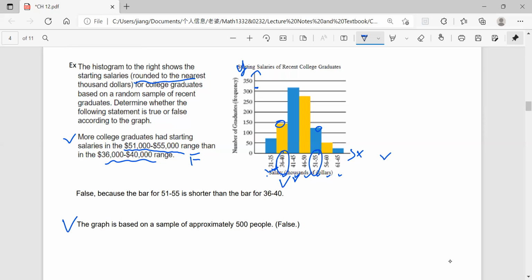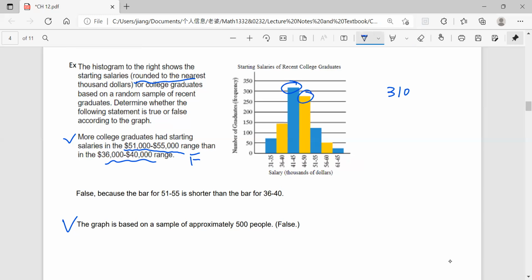And next one, another statement. The graph is based on a sample of approximately 500 people. What's the meaning of that? That means, what's the total amount? I need to add the frequencies together, and then we know the sample is approximately how many people. So if I add the frequencies together, for this bar it's about 310, for example.